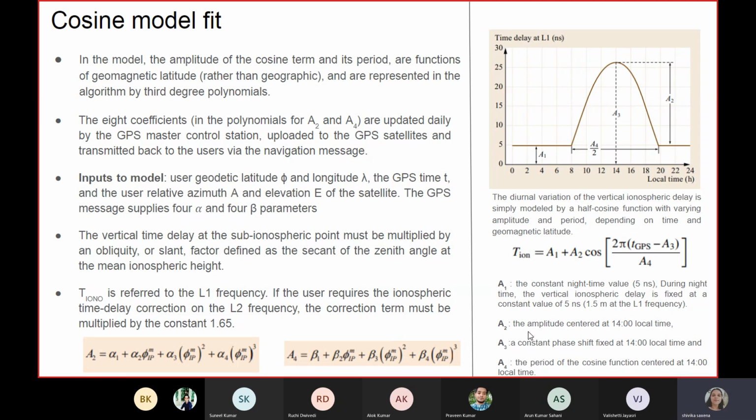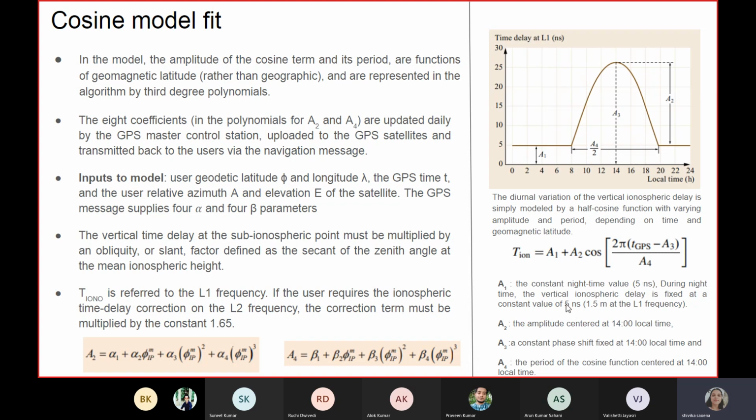A2 represents the amplitude of the cosine term. A3 is the constant phase shift at 2 o'clock local time, and A4 is the period of the cosine function centered at 2 o'clock local time.